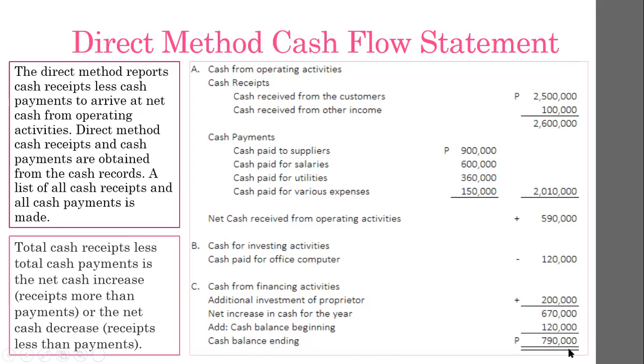Pag nag-prepare po kayo ng indirect method cash flow statement, automatic dapat po yung cash balance ending nyo din po ay magiging 790,000. Pero ngayon nasa direct method tayo. Ipapakita ko din sa inyo kung ano yung pagkakaiba ng direct method cash flow statements sa indirect method. I hope clear tayo sa direct method, ha?